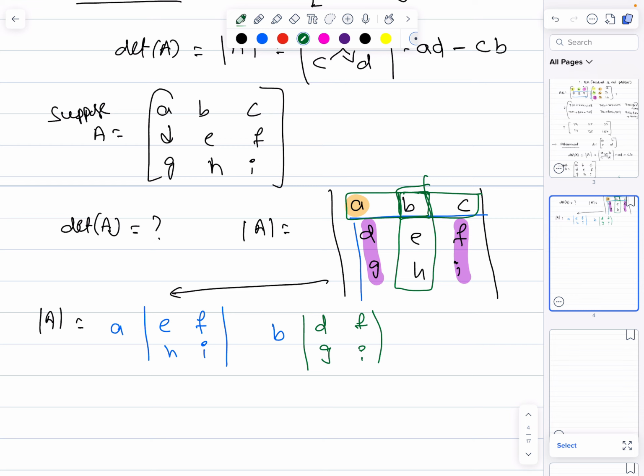Last one is C. Again, I am not writing any sign between these things. I will come back to that one.